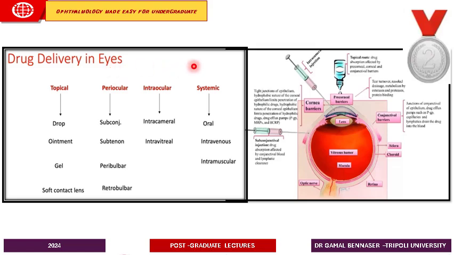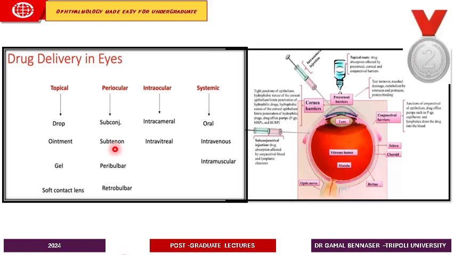So when you look at the modes of delivery of drugs to the eye, we have a topical mode, that's the drops, ointments and gel. And we have the periocular mode as subconjunctival injections or subtenon or peribulbar or retrobulbar. Also, we have the intraocular injections as intracameral or intravitreal, or we have the systemic routes that's through oral or intravenous or intramuscular.